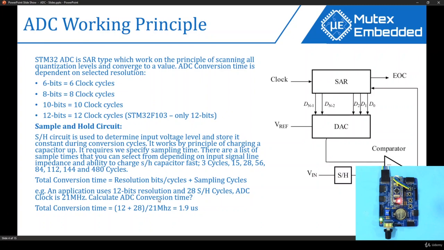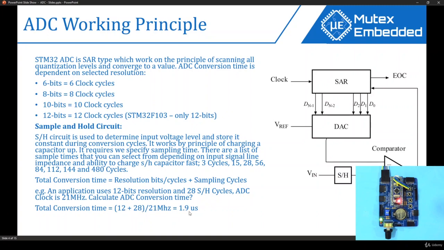So here we have an example. If we have a 12-bit resolution, like the one we have with the STM32F1 board, and we have selected 28 sample and hold cycles, and if our clock is 21 megahertz, this is an example, then the ADC conversion time would be 12 plus 28 divided by 21.